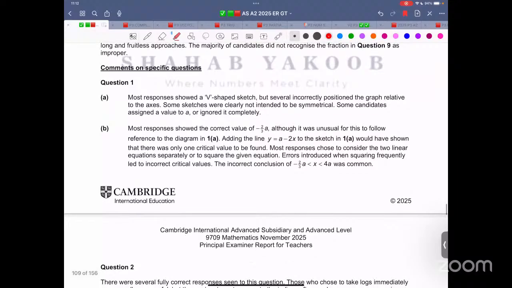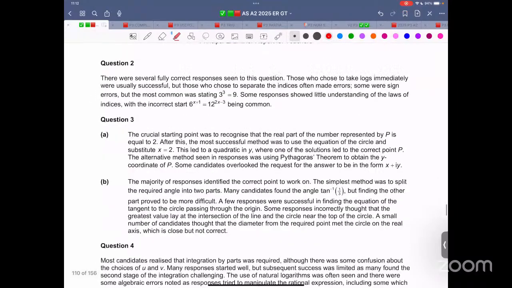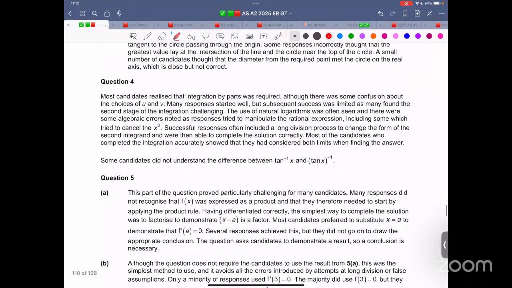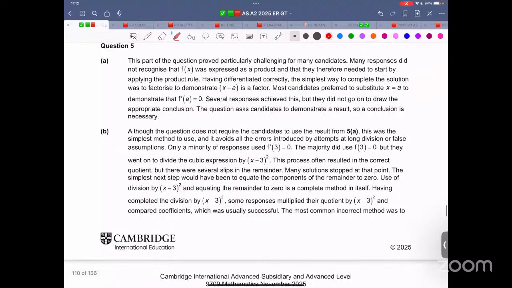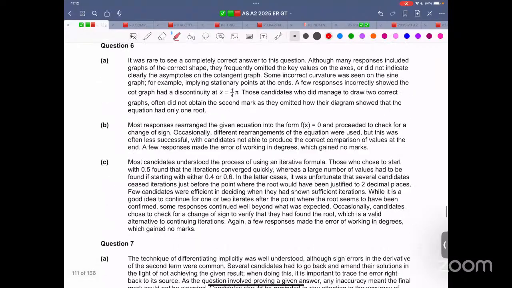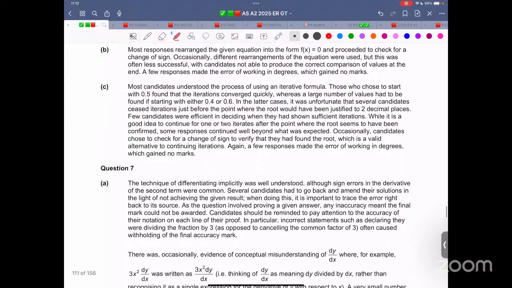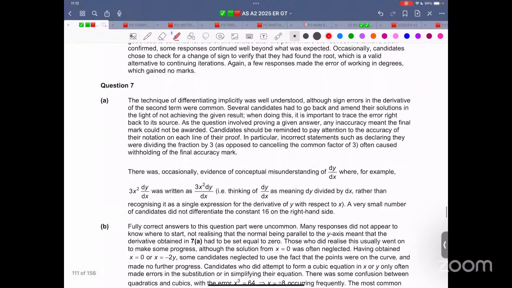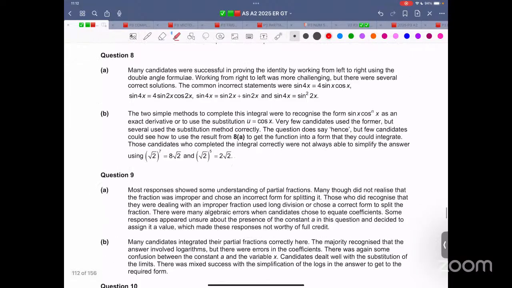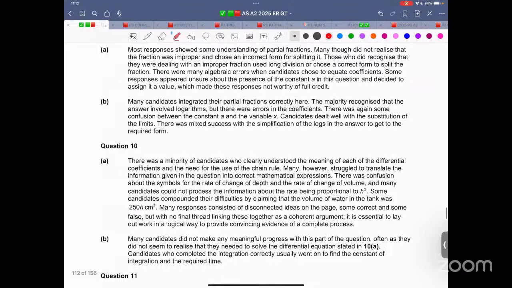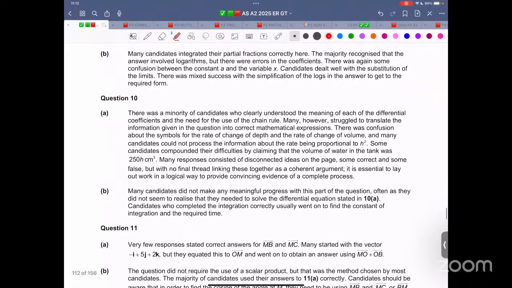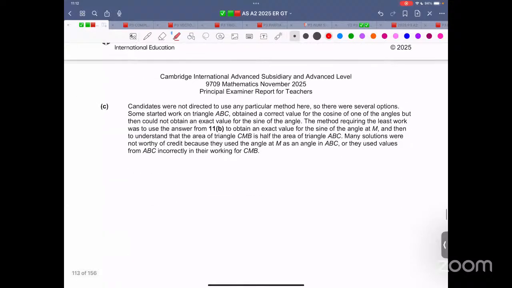And let me talk about some question related with complex numbers. So this is f(x), t(x). This is vectors.